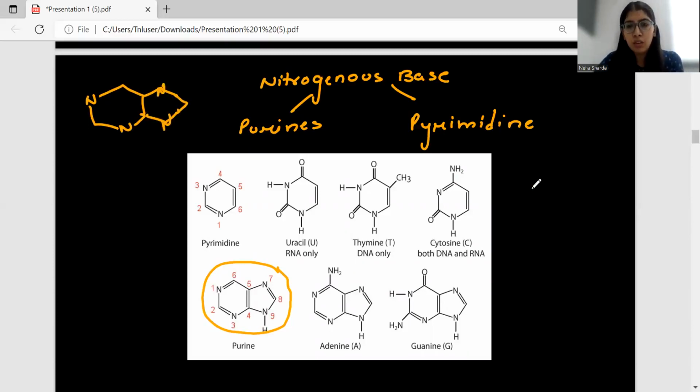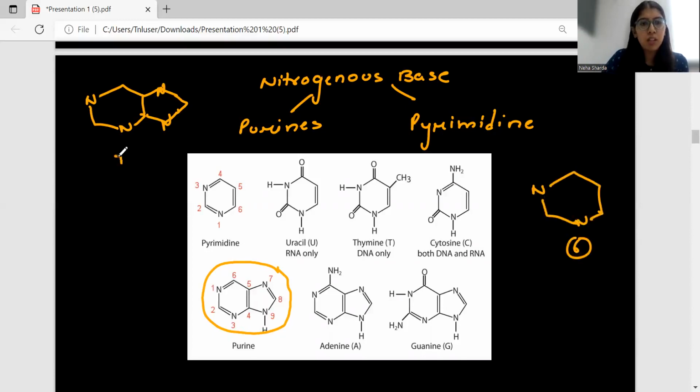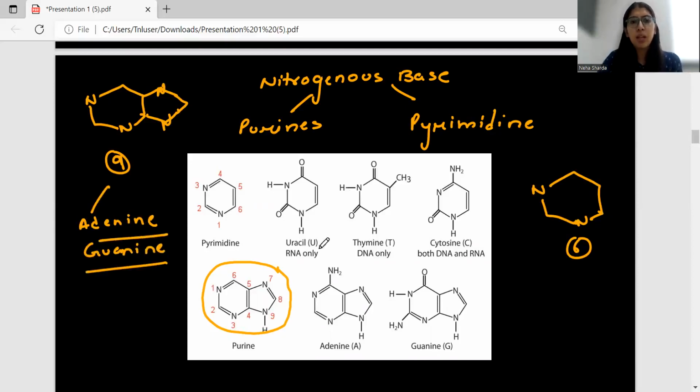And pyrimidine looks like this, it is 6-membered, while purine is a 9-membered ring. Purines are of two types, adenine and guanine. Pyrimidines are of three types: uracil, thymine, and cytosine.